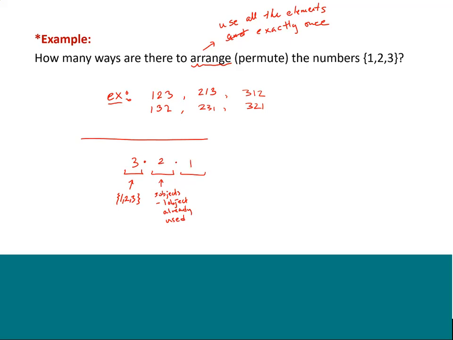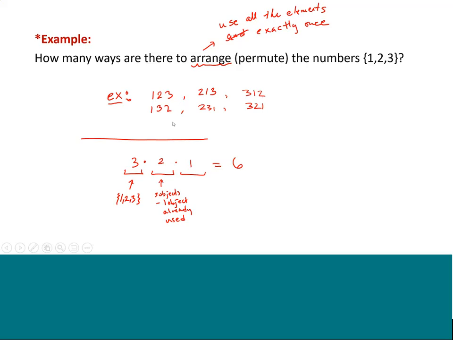So here, once we have this new count of objects, that we had to decrease each time because we kept using somebody from the set and you weren't allowed to put it back, you multiply them all together, and you will get a 6. And notice, 6 is exactly the same number of these rearrangements that we got up here at the top.